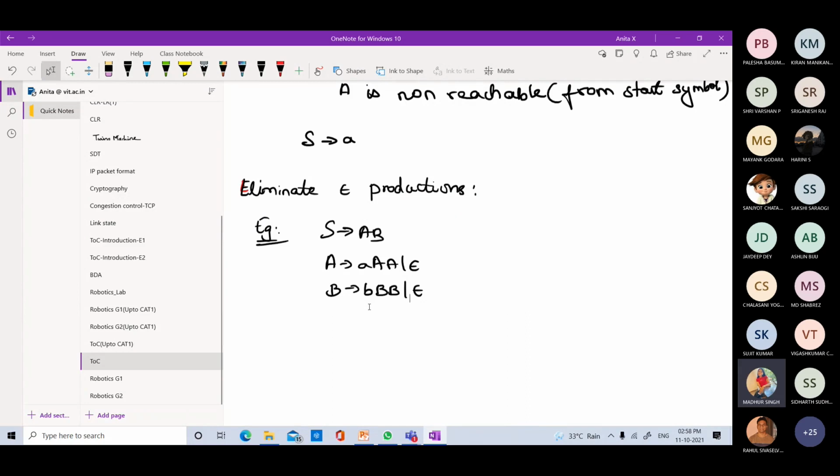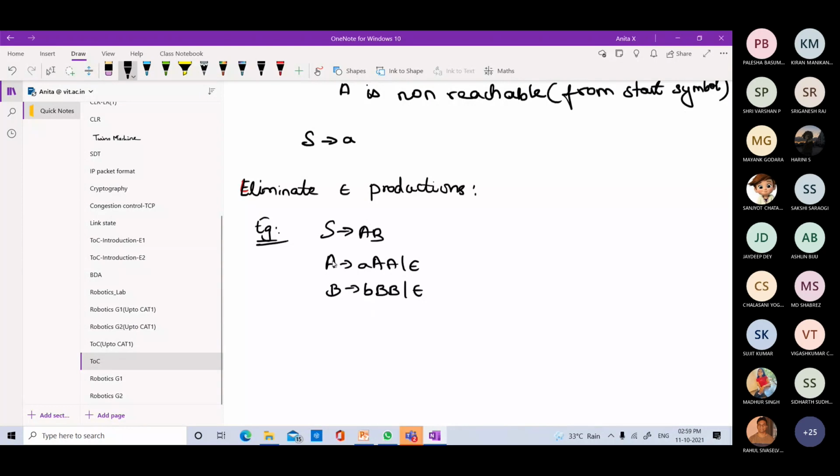A and B. Yes. So when you see the grammar, A and B are having epsilon production. So A and B are nullable. So here A derives epsilon and B derives epsilon. So A is having the possibility of being null. Okay, so A is nullable as well as B is nullable.